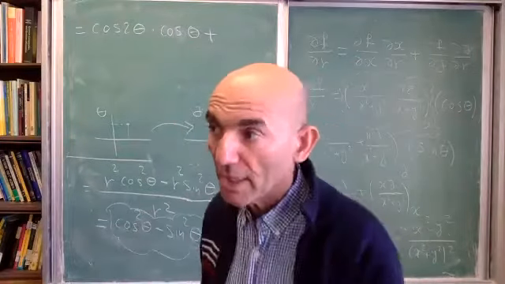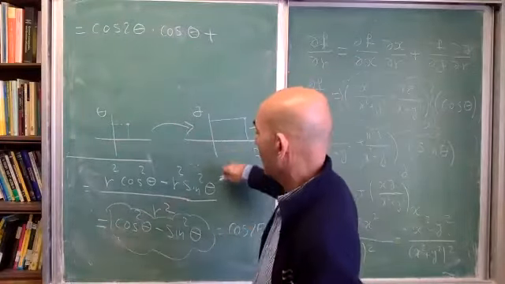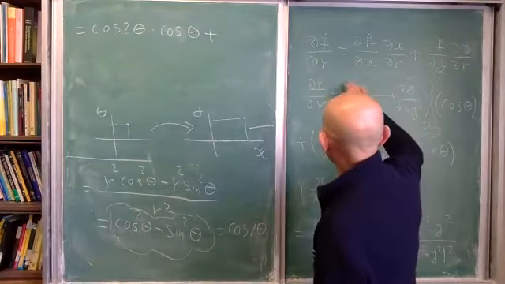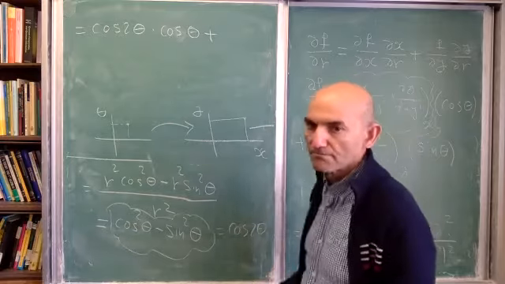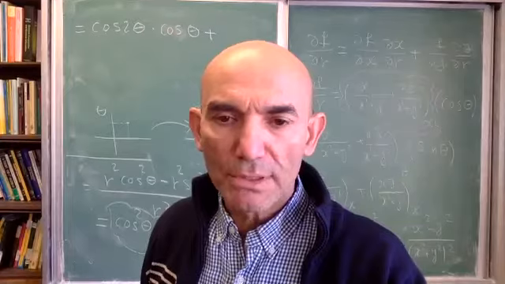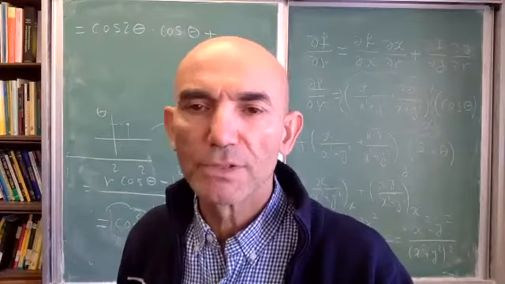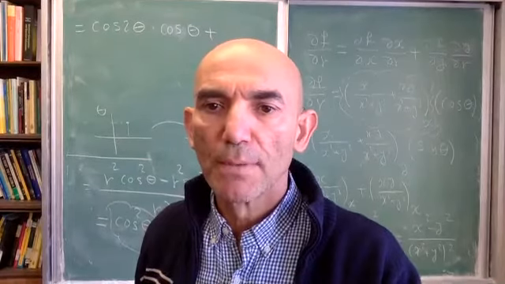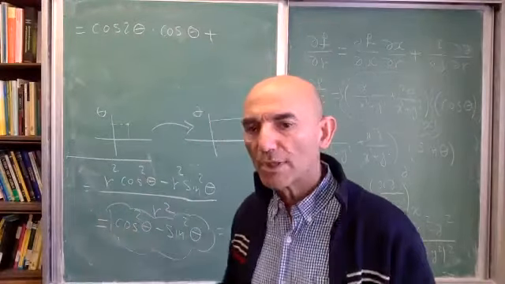So if in your final answer you give me x and y values, that cannot be correct. You have to write everything in terms of r and theta. Okay, that's good. Any questions about this?